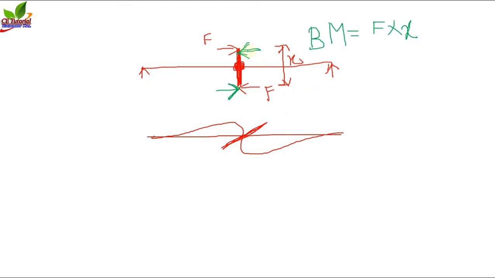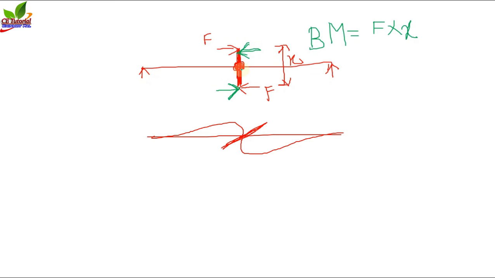Now if there is another anticlockwise moment, a couple of forces or moment, then we can say that this beam will be kept in an equilibrium position. So how can we apply another anticlockwise moment?